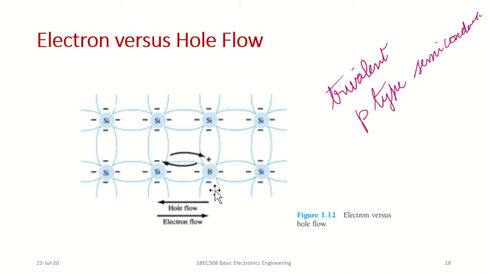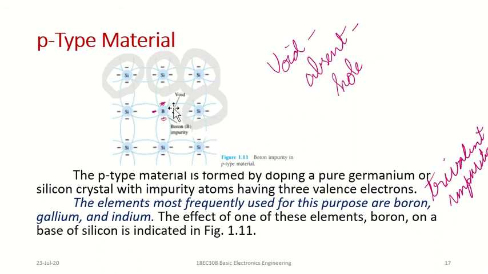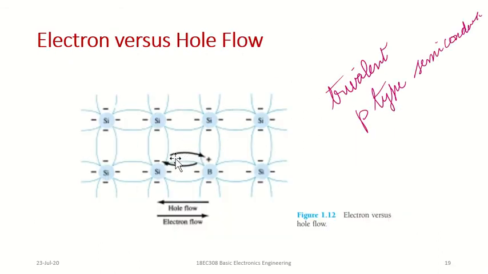Now, as I said, there will be an absence. If you look at the previous diagram also, you can see this place is empty. So it is ready to accept the electron. I will use some different colors.